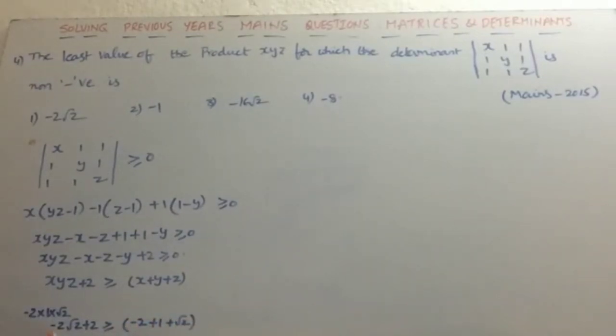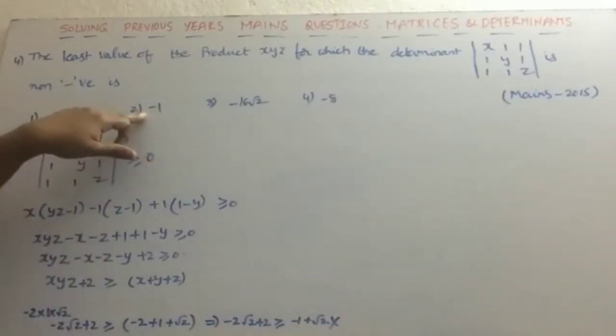That implies minus 2 root 2 plus 2 is greater than or equal to minus 1 plus root 2. Which is greater? Minus 2 root 2 plus 2 is not greater, so this is not possible.